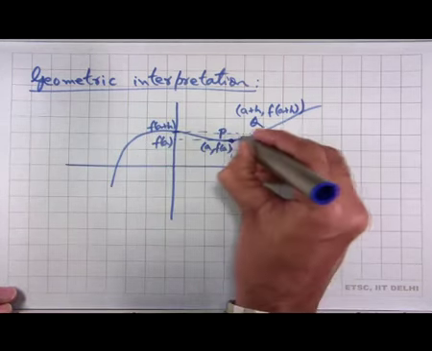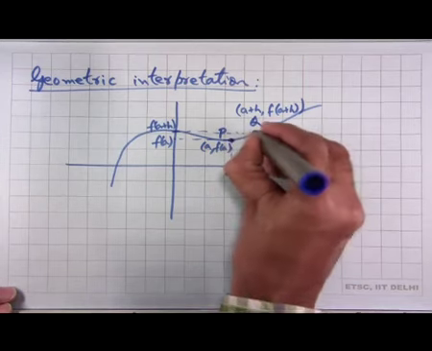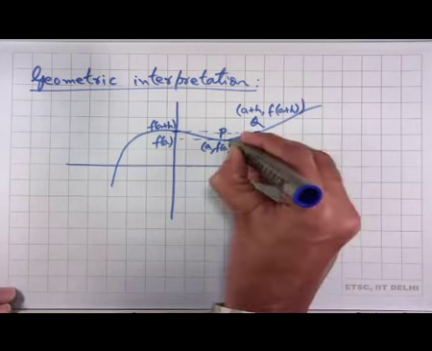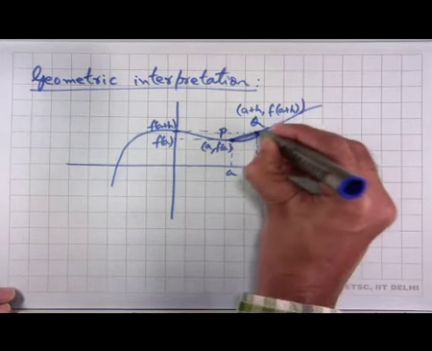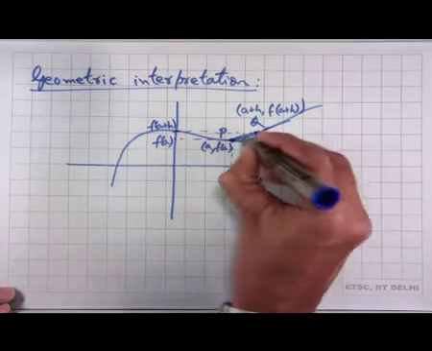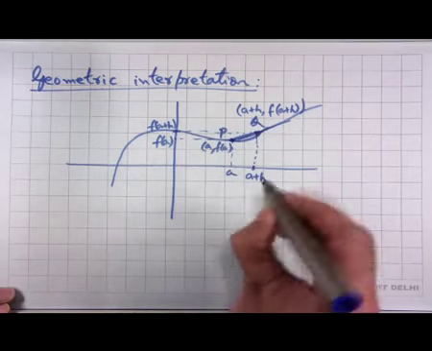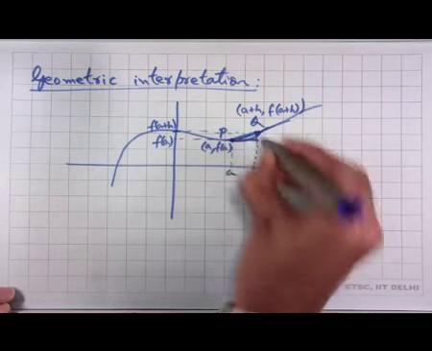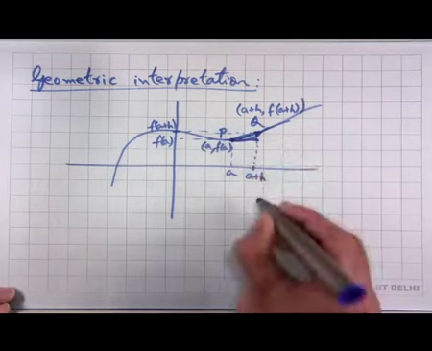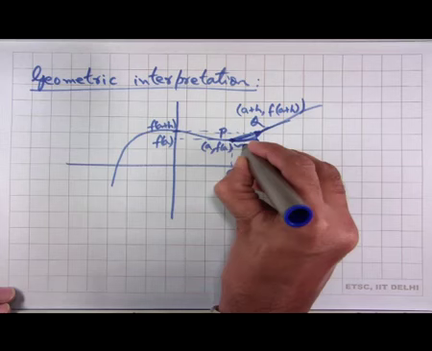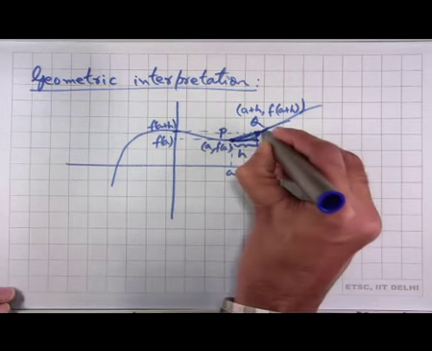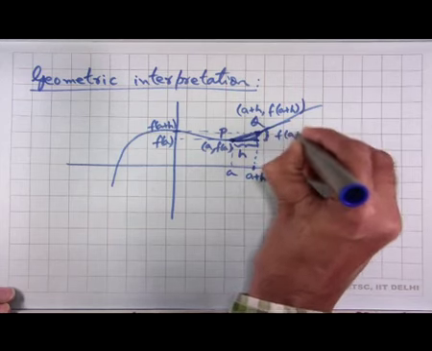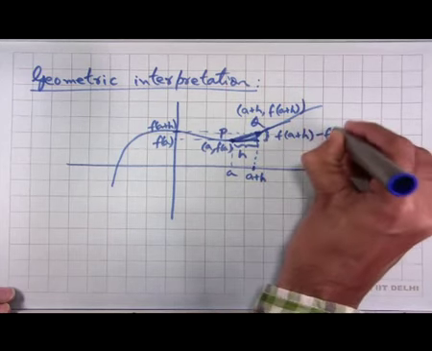Now, if I draw this line segment joining the points P and Q, and I draw a horizontal line here, then this part is h and this vertical part is f of a plus h minus f of a.